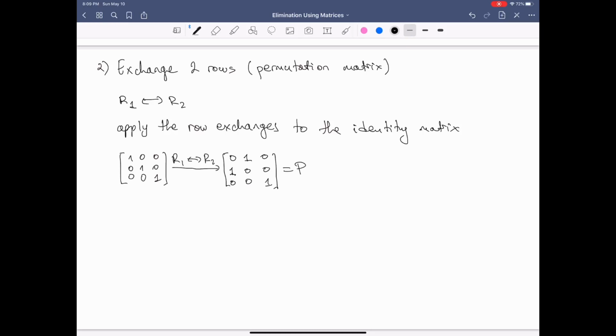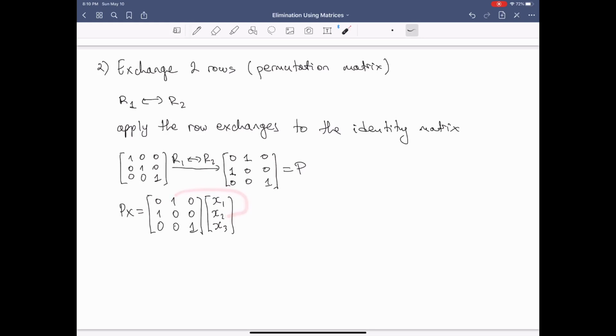Let's see that the action of P is exactly what we claim it to be. So let's look at P times x on some vector x. We have 0, 1, 0; 1, 0, 0; 0, 0, 1 times some vector x1, x2, x3. Now note that 0 times x1 is just 0.